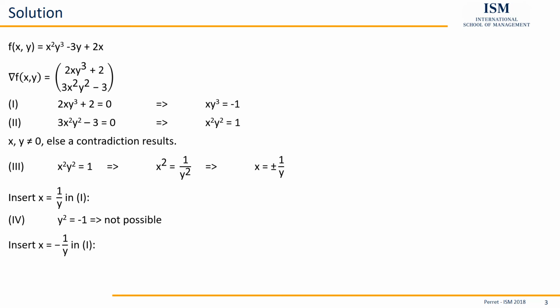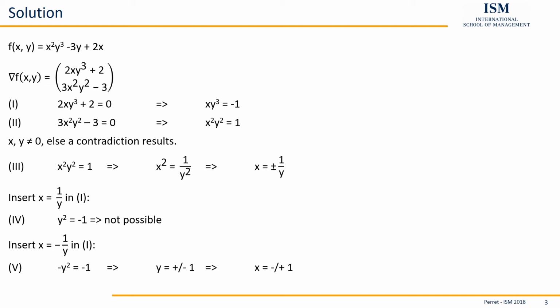So instead, we insert x being equal to minus 1 divided by y in the first one, and we get minus y squared is equal to minus 1, giving us here two possible solutions, which are plus and minus 1 for y. Well, if y is plus minus 1, the corresponding x is minus plus 1.